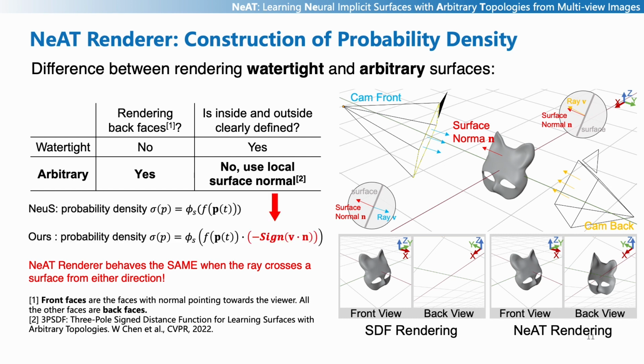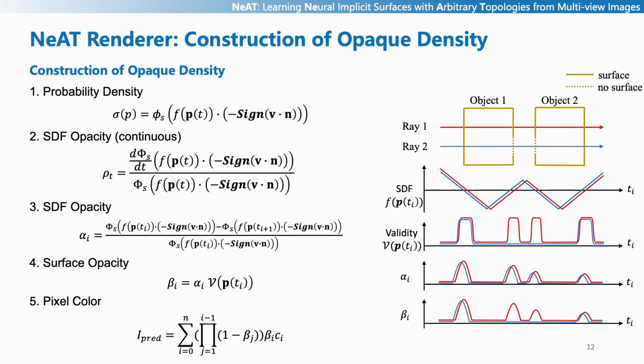In the probability density function, we modify the SDF value by flipping its sign in the regions where the SDF values increase along the camera ray. Then we could derive the opacity from the probability density function. The surface opacity is a multiplication of the SDF opacity and the validity probability. In this way, we avoid rendering the surfaces that do not exist.